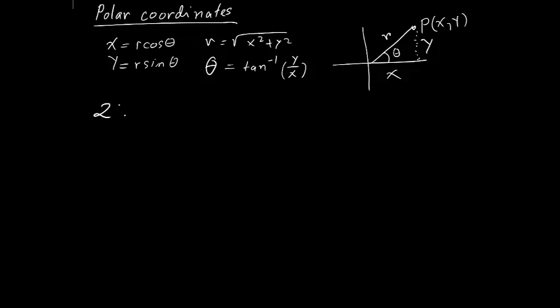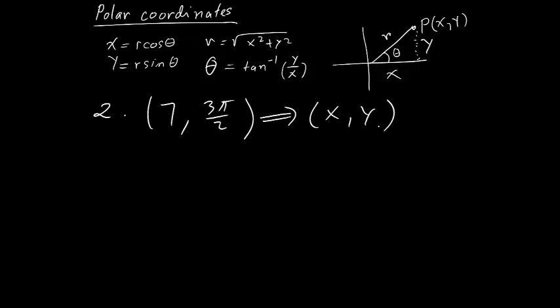We have, say, 7 and then 3 pi by 2. This one we want to convert into xy Cartesian form. So then you can see that your r is 7 and theta is 3 pi by 2. Now we have one relation, x equals r cosine theta.